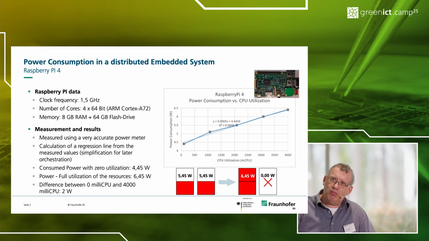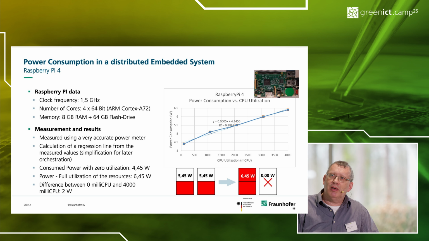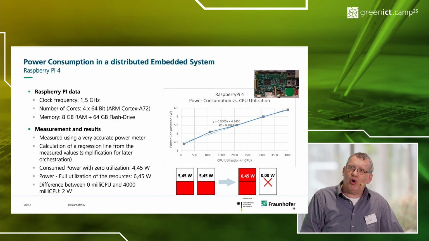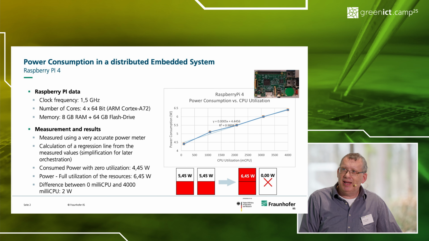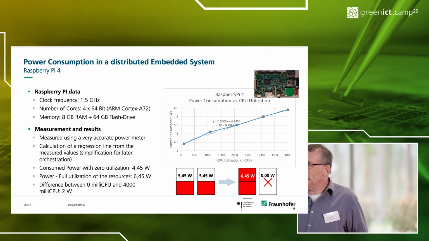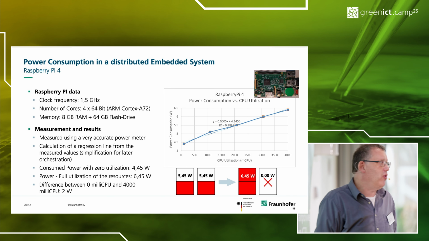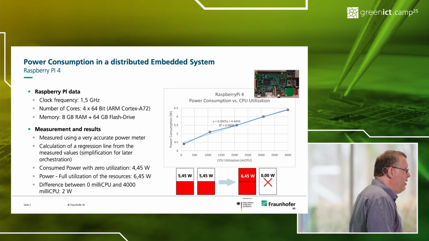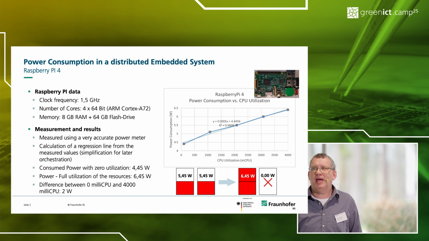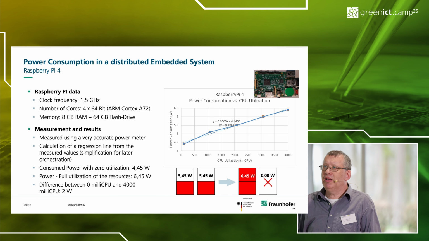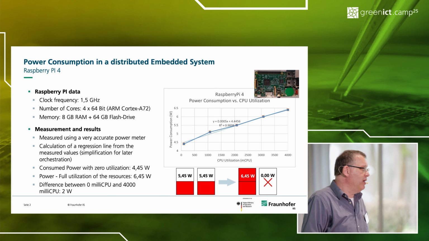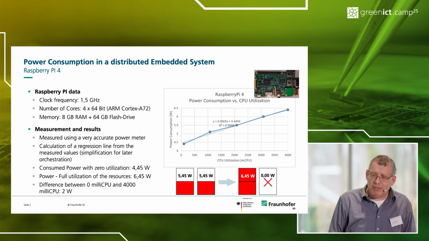So if you have a processor, for example, as here with 4 cores on a Raspberry Pi, then 4000 milli-CPU means that all 4 cores are completely under full power, and 3000 means 3, 2000 means 2, and so on. This is really important information.